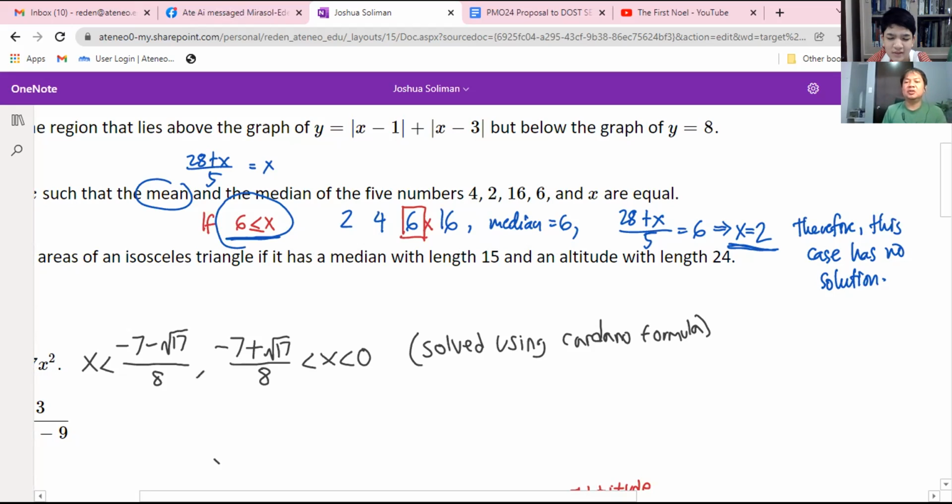Why an impossible situation? Because the mean and median have to be equal to each other. But if the median is 6, that forces x to be equal to 2. But hey, we were assuming x is greater than or equal to 6. This violates x being greater than or equal to 6. So impossible. Therefore, this case has no solution.